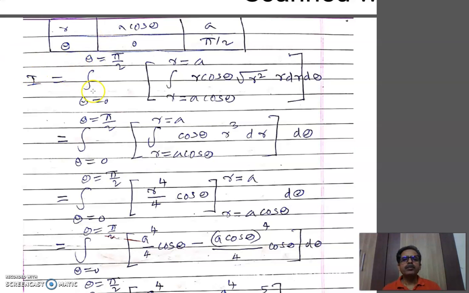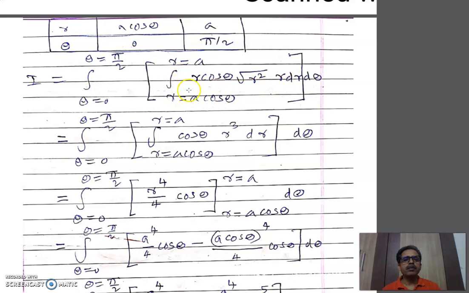In these problems always integrate first with respect to r keeping theta constant, then with respect to theta. That's why we have written first the limit of r from a cos theta to a, and the function is converted into r and theta, and dr is written here.